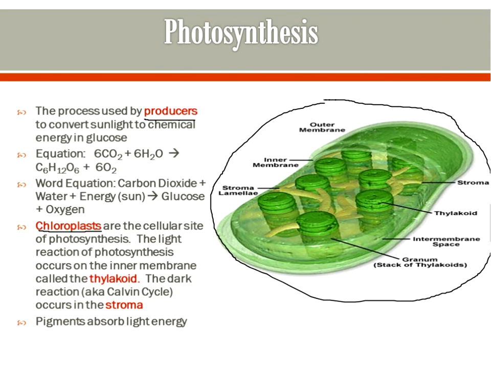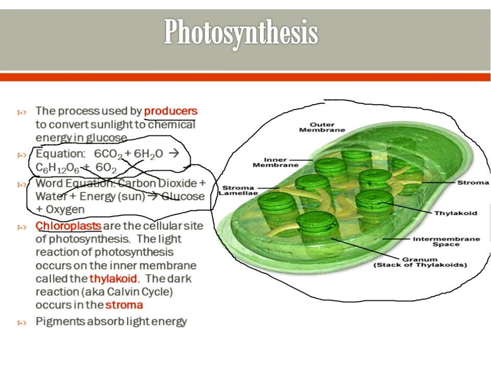You don't need to memorize all the, like, the 6CO2 and 6H2O, but you should know that carbon dioxide, water go in along with energy, and glucose and oxygen come out. So the word equation is the same thing as the other equation. Word equation is carbon dioxide, water, and energy will create glucose and oxygen.